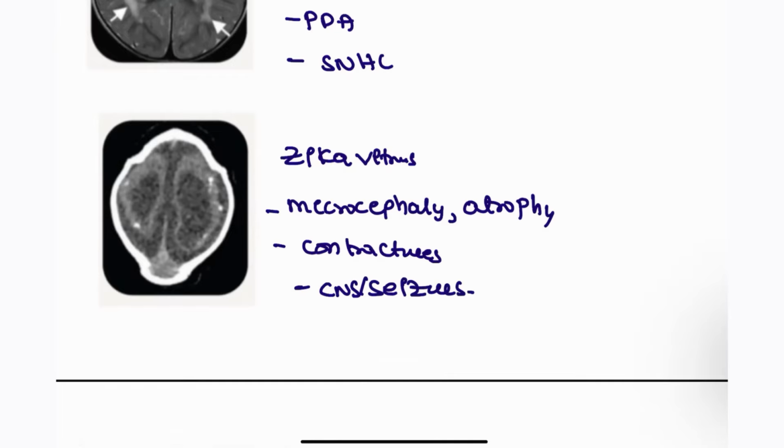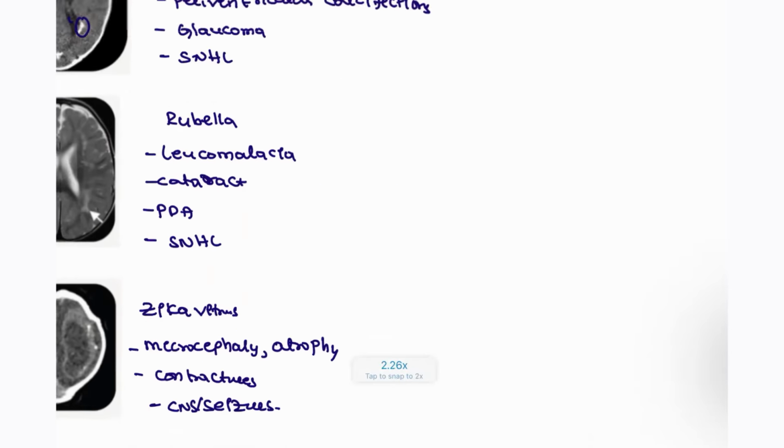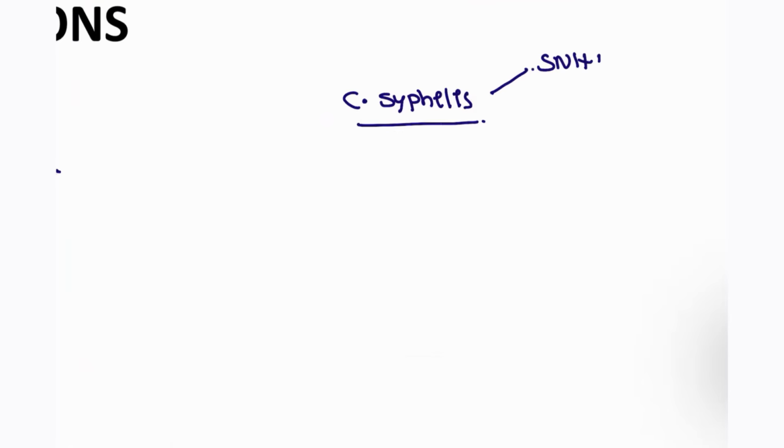Okay, next, congenital syphilis. In congenital syphilis, there will be no CNS changes, but the patient will have symptoms such as sensory neural hearing loss, along with Hutchinson teeth, and also rhinorrhea will be seen in this patient.